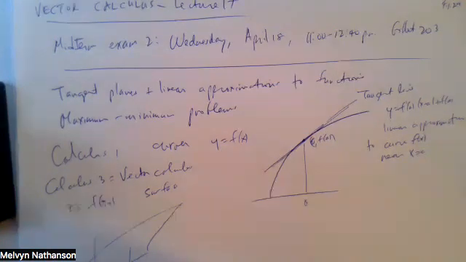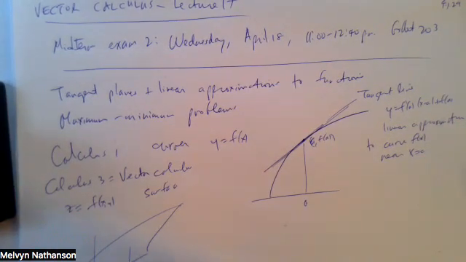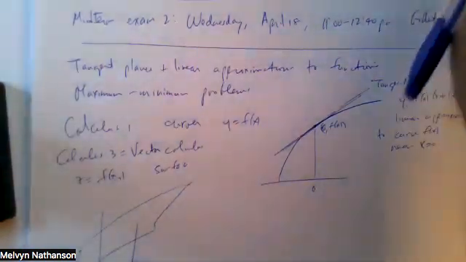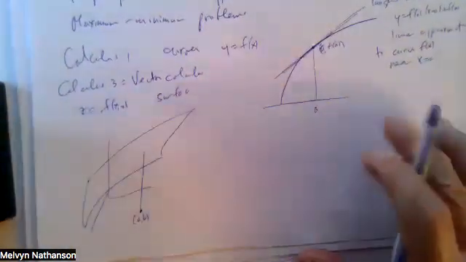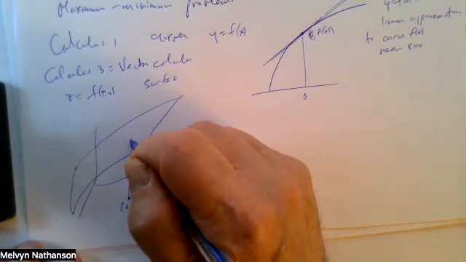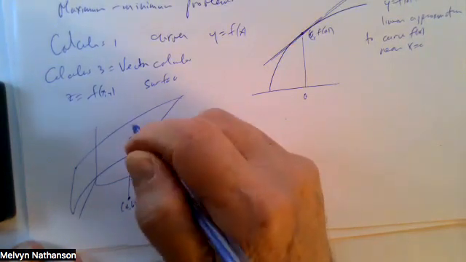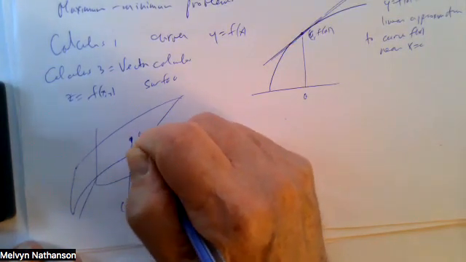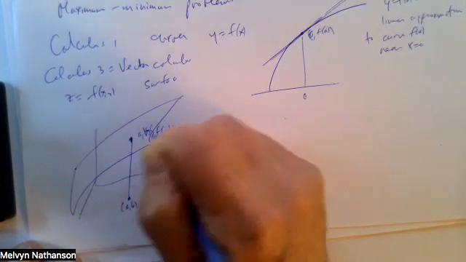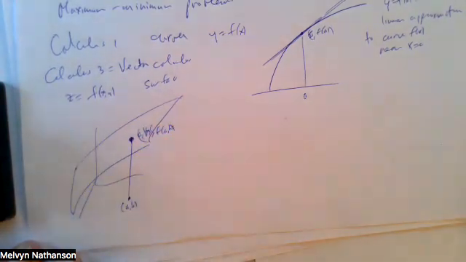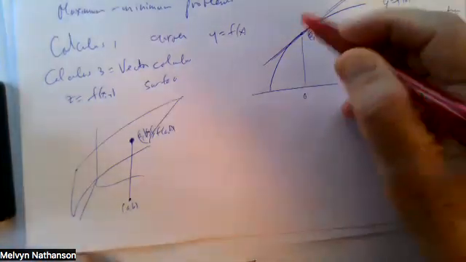At a point A, B in the plane, in the domain of the function, you have the point A, B comma f of A, B, which is a point lying on the surface.